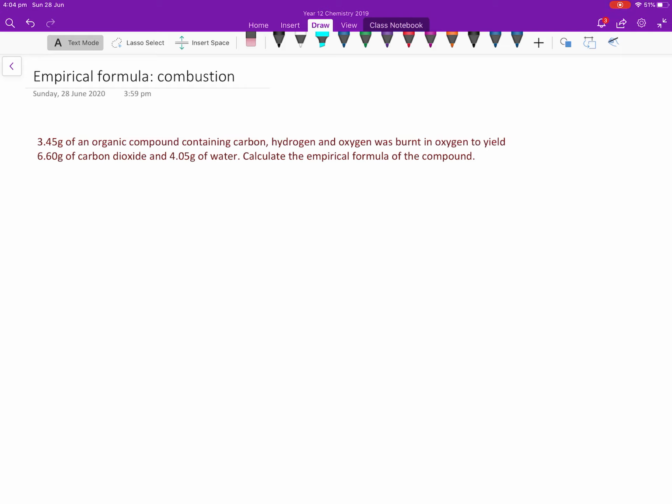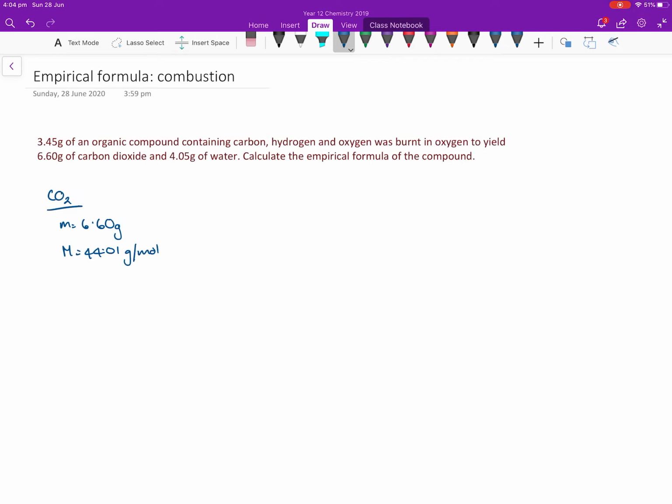So the first thing we can do here is work out the moles of carbon dioxide. I'm going to put a bit of a subheading: this is my working for carbon dioxide. The mass is 6.60 grams. We know our molar mass is 44.01 grams per mole.